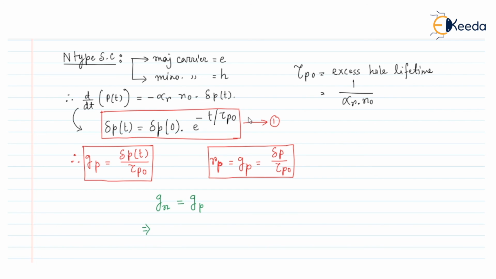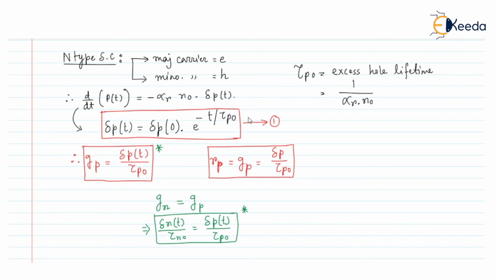So we can write that del nt divided by tau n0 is equals to del pt divided by tau p0.